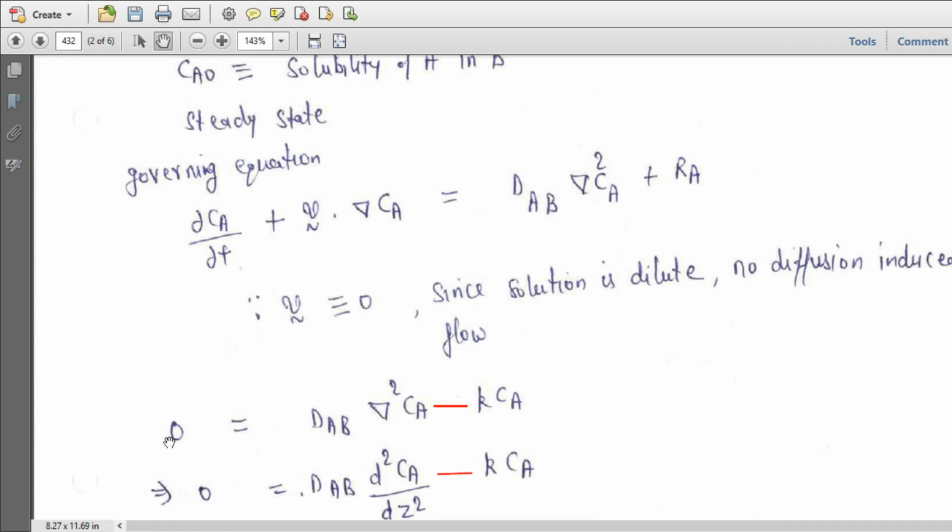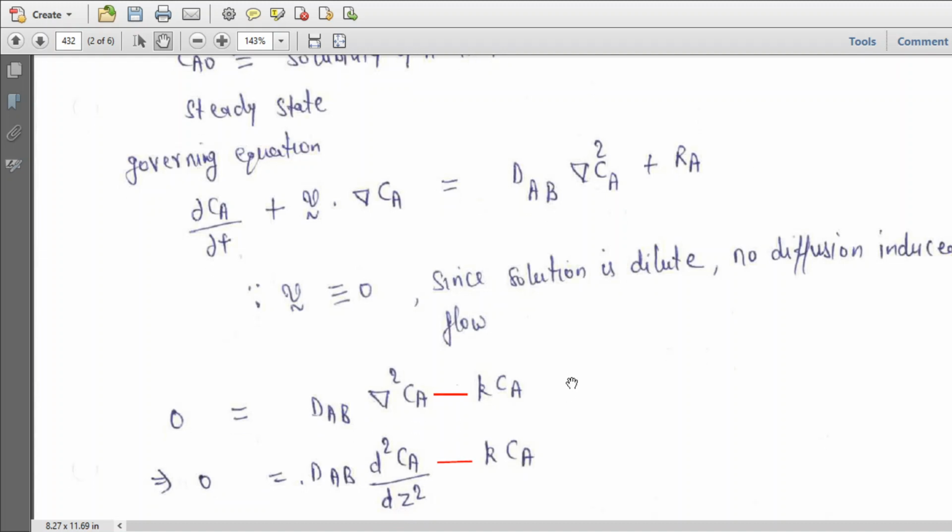So the left hand side is all 0. The right hand side is left with DAB del square CA minus kCA. Because the diffusion is only in the Z direction, we write the term with Z only. So you get 0 equal to DAB d square CA upon dZ square minus kCA.